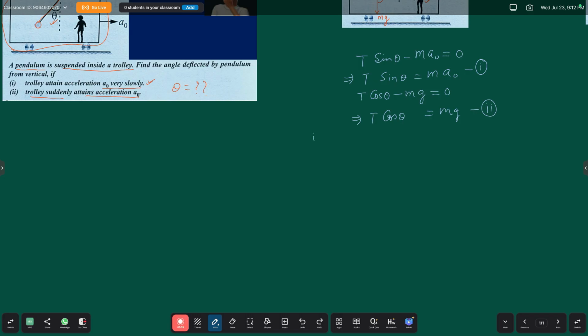If you divide equation 1 by 2, the T will be eliminated and it will become tan theta, sine theta by cos theta, which is tan theta, equal to a naught by g.